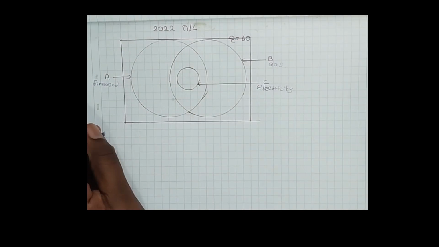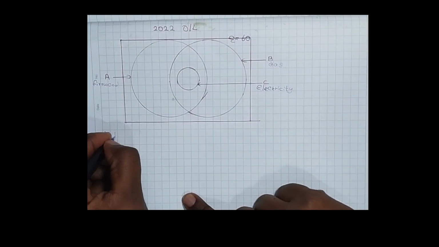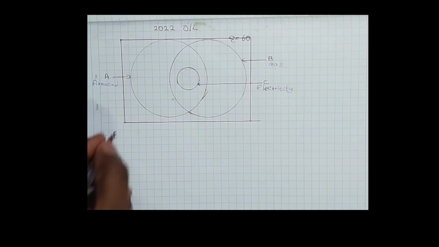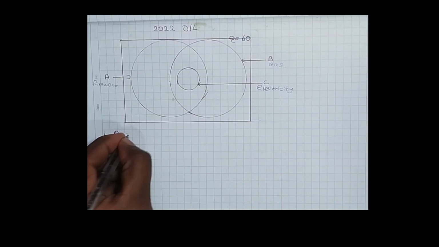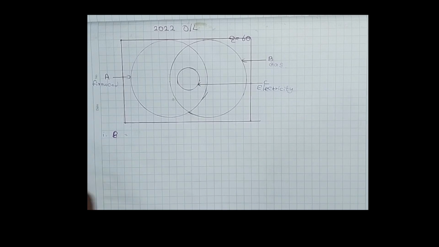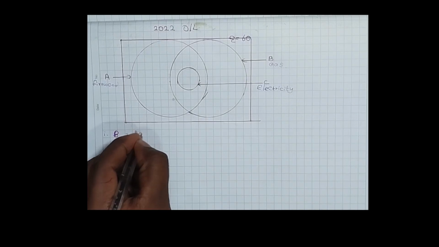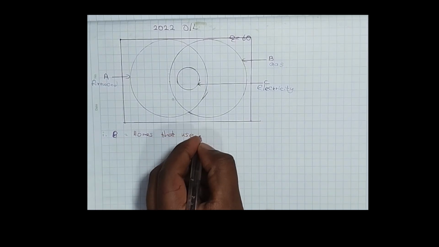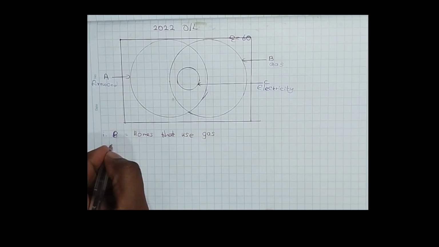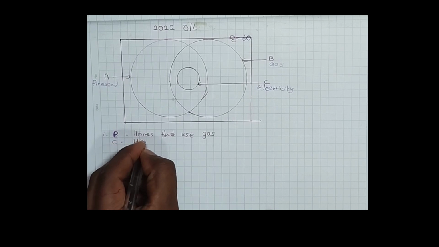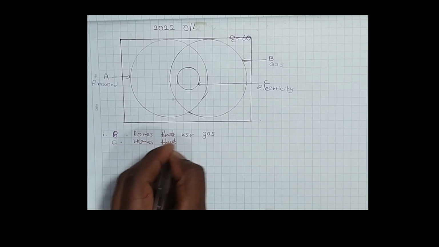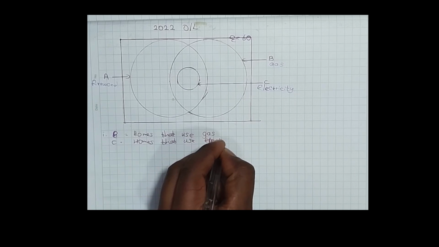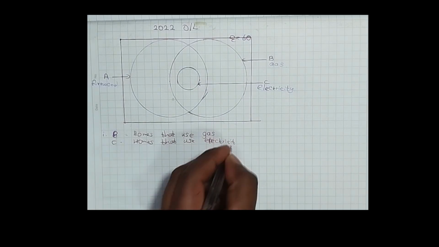Okay, for the first answer we can write B as homes that use gas, and C as homes that use electricity.